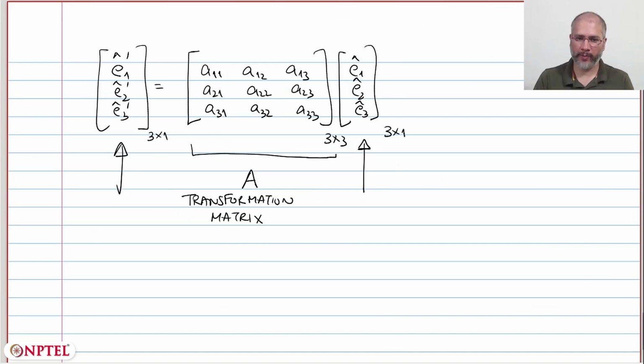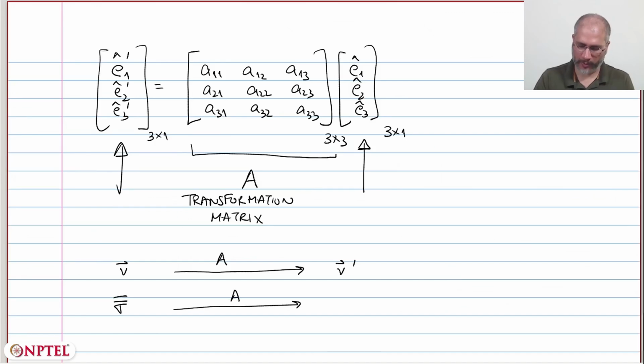But our ultimate goal is to take any arbitrary vector v to its components in the primed coordinate system. So this is, of course, by using the information about the transformation of the coordinate axes, that is through the information about the transformation matrix. And in general, we'll want to do it for tensors as well. So for a second order tensor, we'll want to do it, and we'll also want to do it for an nth order tensor.